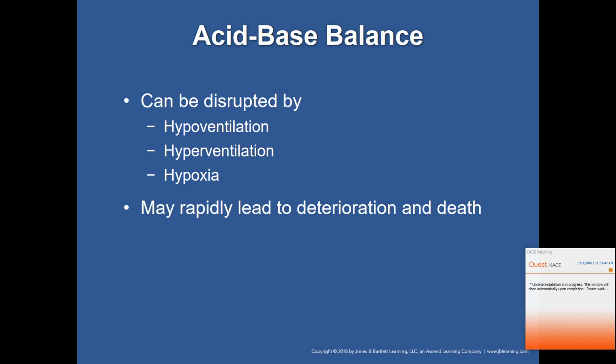It's one of the ways that it does that. So when you have an excess of CO2 in the body, there's a lot of water in the body, right? So it's going to readily bond with that water and create a free hydrogen.